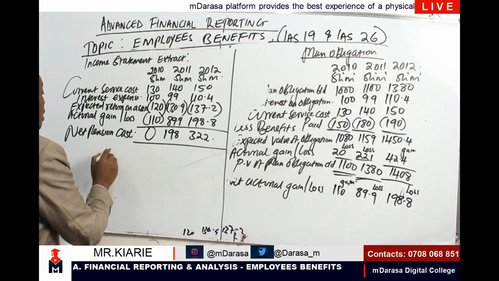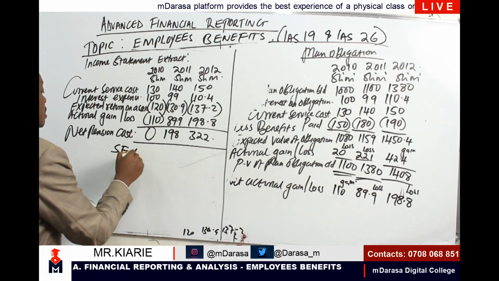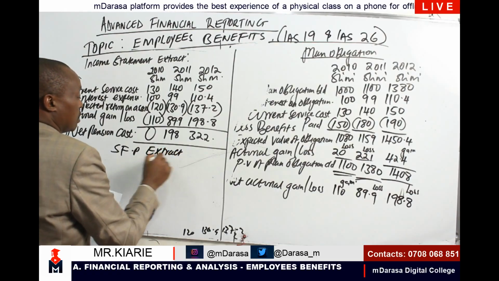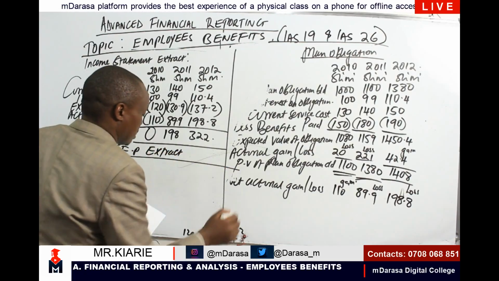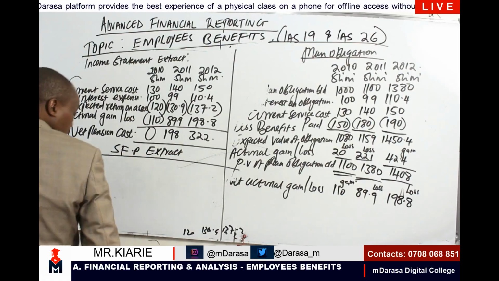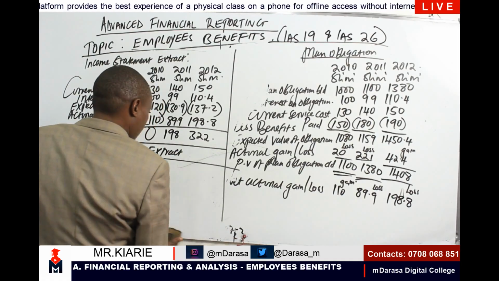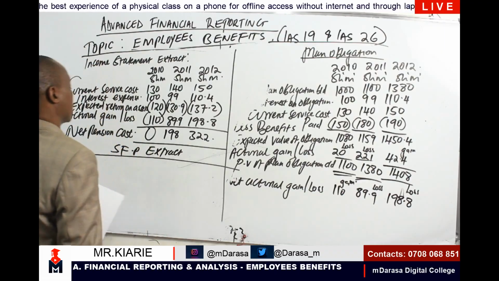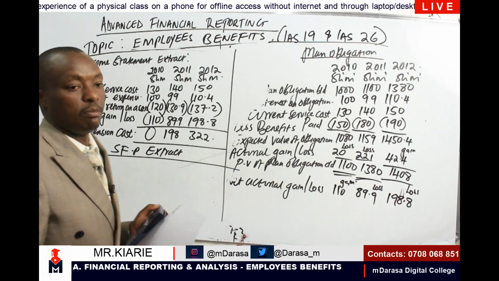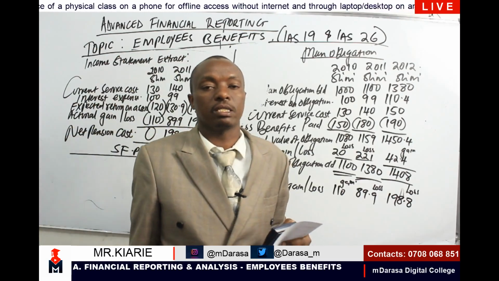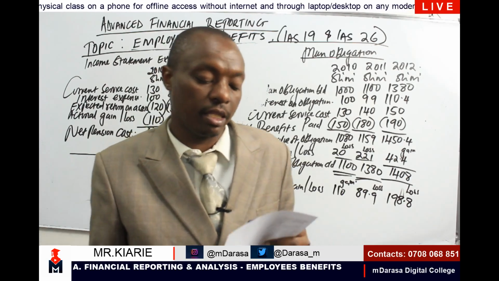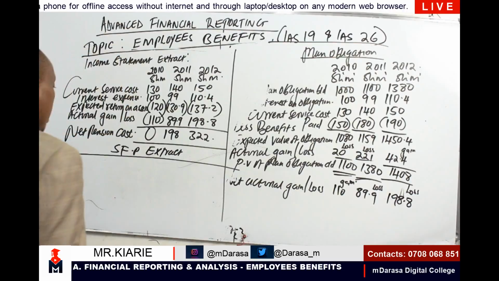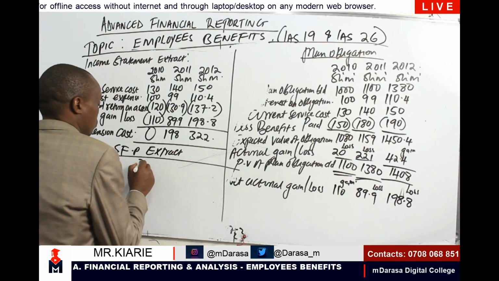From there, let's now prepare the statement of financial position extract. Let's now prepare the SFP extract. So you write the company name, Limited SFP extract as at the 30th April, 2010, 2011, and 2012.